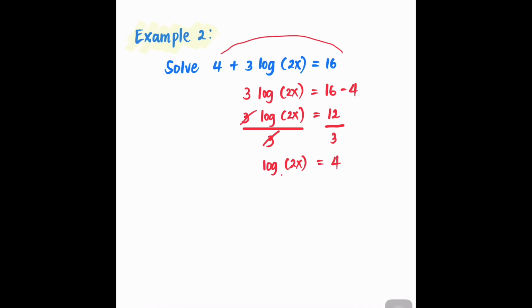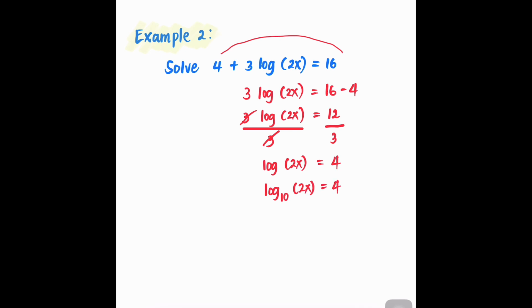For a common log, the base is actually 10. So even if you're not seeing 10 there, it's understood that there is a subscript there, which is 10, or the base is 10. So it's actually the same as log base 10 of 2x equals 4.